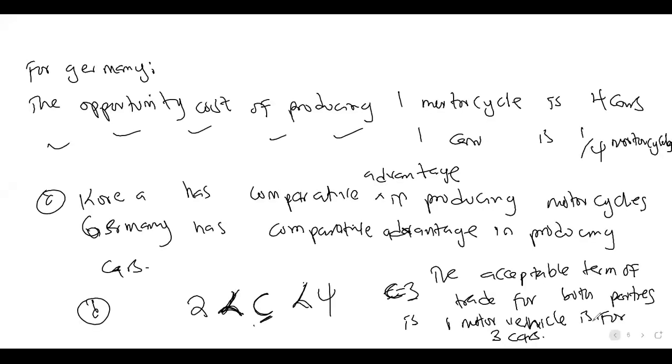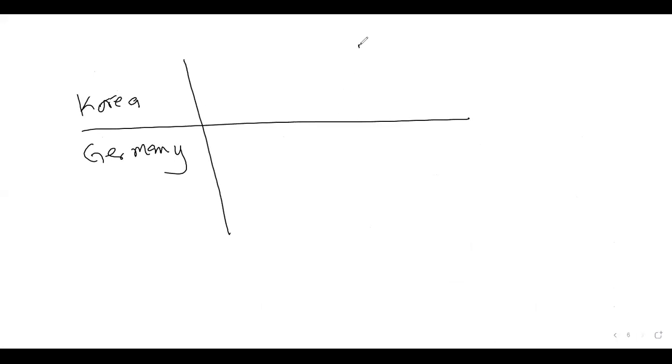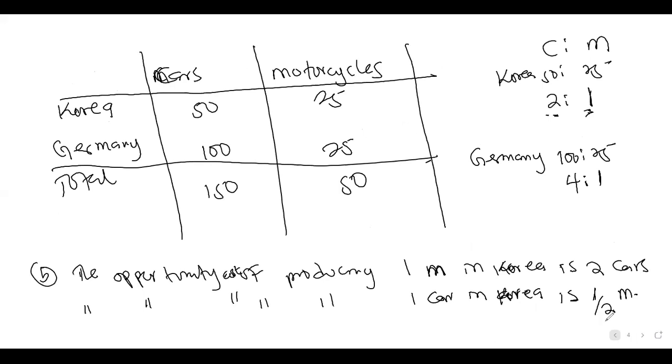So here, remember that Korea will specialize in motor vehicles because they have higher comparative advantage, and Germany will specialize in cars. Okay, so we have Korea, and then we have Germany. So cars, and then motorcycles. Now here, Korea is going to specialize in motorcycles.